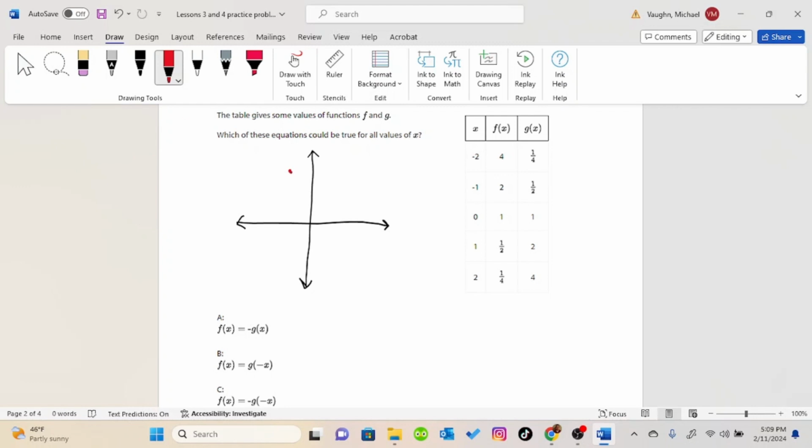At -1, our y value was 2. At 0, our y value was 1. At 1, the y value was 1/2. And at 2, the y value was 1/4. So we have a line that is going down and getting closer and closer to the x-axis.